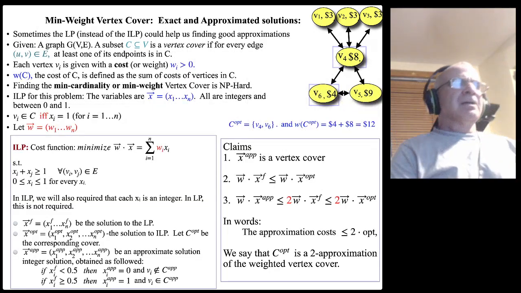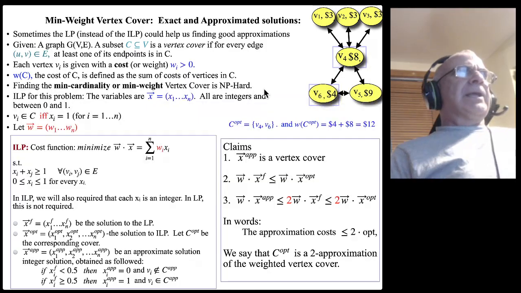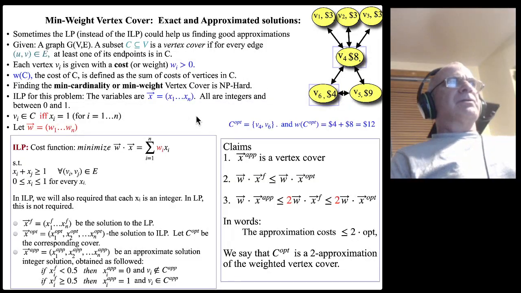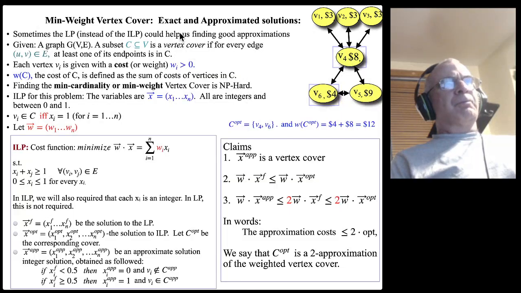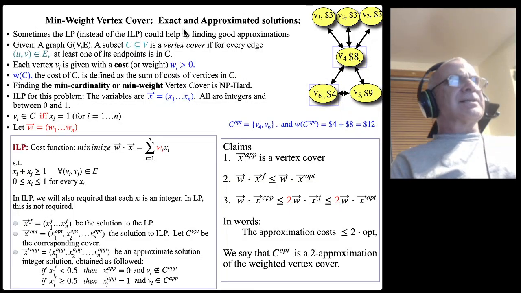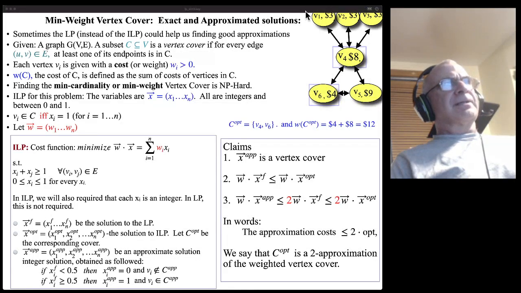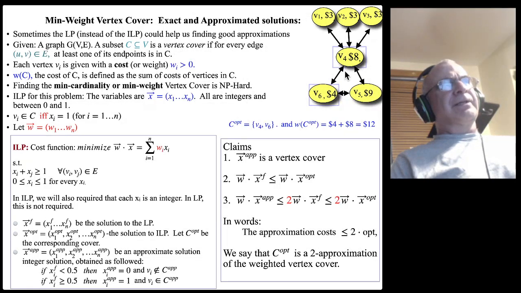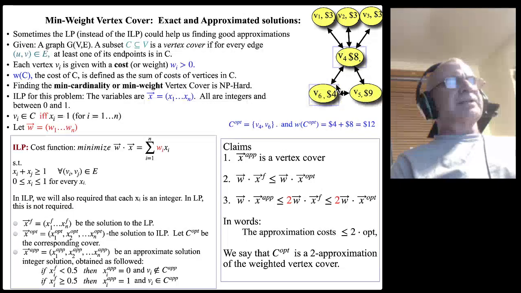Okay, so let's see what we studied about the vertex cover problem. We saw a 2 approximation using linear programming for the unweighted case. In the unweighted case, the cost of every vertex is 1, there are no weights at all, and we just look at the cardinality.